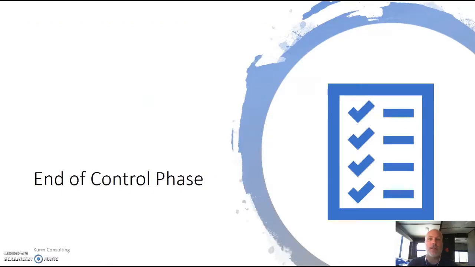And this brings us to the end of the control phase, and frankly to the end of the DMAIC methodology, and to the end of your actual Process Excellence Essentials course. So I really want to thank you for taking the time to go through this. And most importantly, if I haven't stressed this enough, the most important thing you can do is have a conversation with your coach, because the training is one thing.